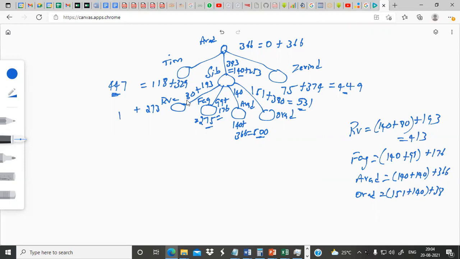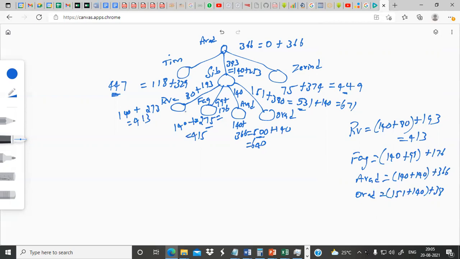So when you add 140 with this, you get 413. And when you add 140 with this, 275 plus 140, that is 415. Then 500 plus 140 is 640, and 531 plus 140 is 671.